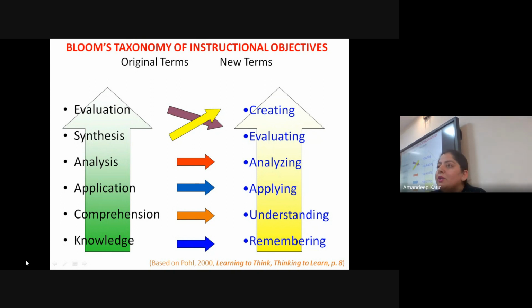From the first level to the next level, I need to have certain achievement at the previous level. Only then is it possible for me to achieve the next level in sequence. That is why it is said teaching learning activities always happen as structured, organized experiences by the teacher. So for creation also I need remembering, understanding, applying, analyzing, and evaluating.